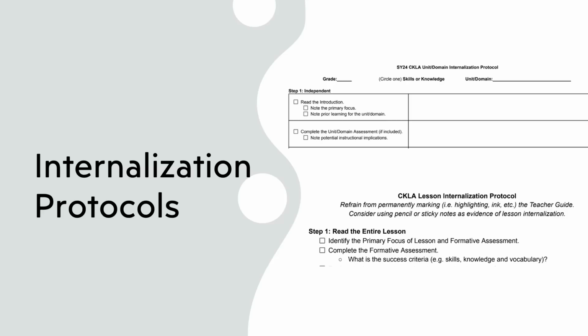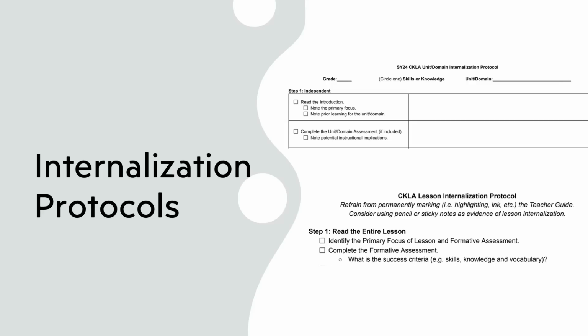The Office of Elementary Reading has created a unit internalization protocol and a lesson internalization protocol, which are to be used when planning CKLA instruction. When completing the unit internalization protocol, special education teachers should also consider the following questions.